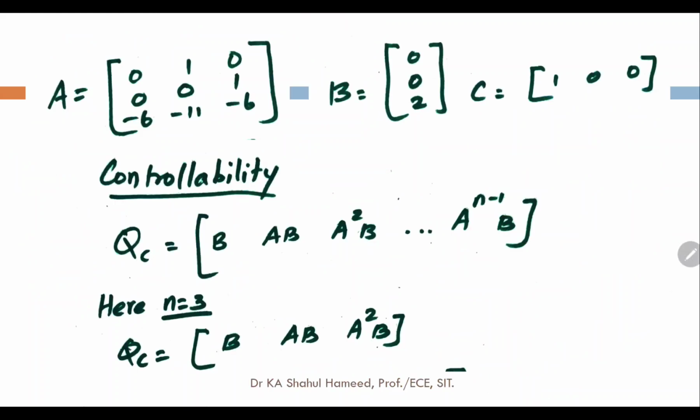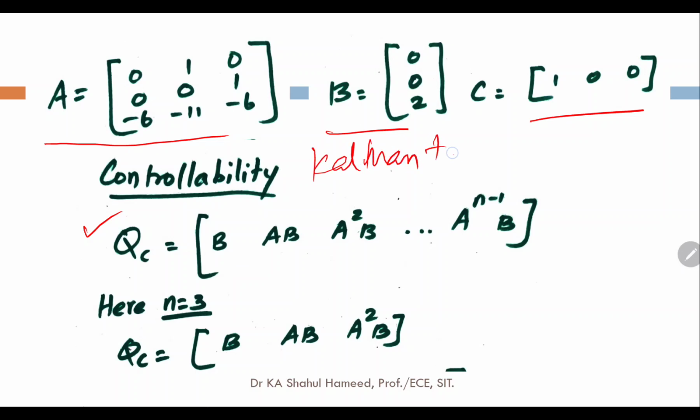So first I have written the matrices A, B, C, and controllability can be checked using the composite matrix called QC, which is formed by, and this is called the Kalman test, B, AB, A square B, and it will go up to A power n minus 1 B, where n is the number of state variables or order of the system.